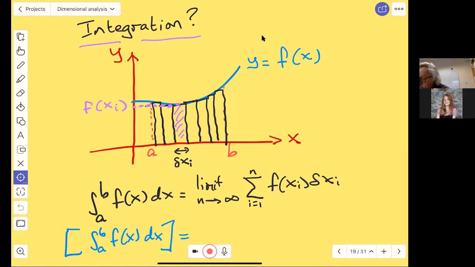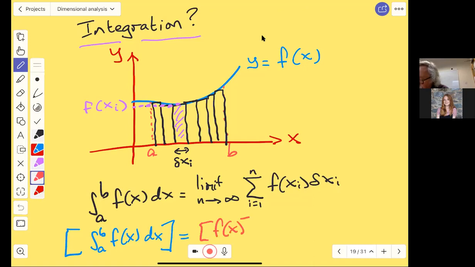Now, each of the terms in the sum has to have the same dimension. That's clear. So in the sum, each of them is going to have the dimensions of the function, whatever that is, times the dimensions of this step in the variable. So what we're going to have is the dimension of the function times the dimension of the variable.